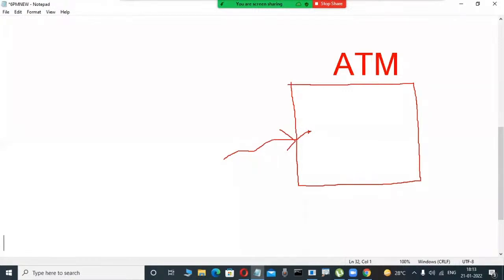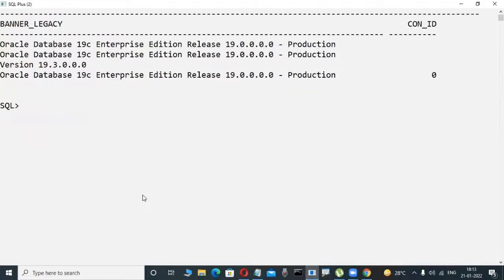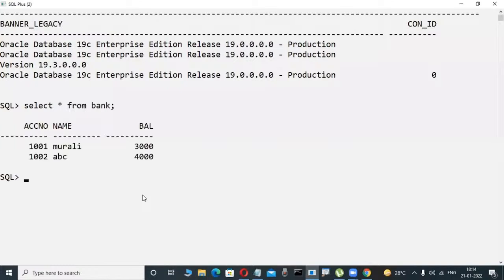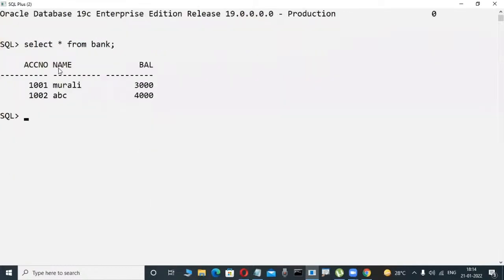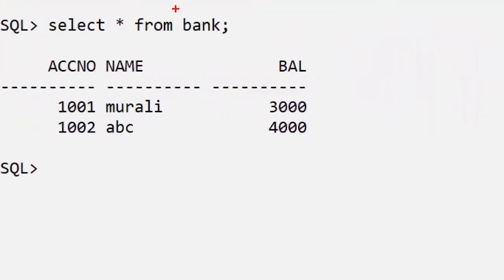Now check it out. Slowly observe the screen. Suppose in this database there is a bank table, for example. Just observe the scenario, it is very easy to understand.